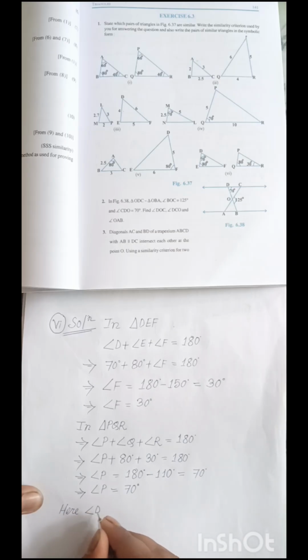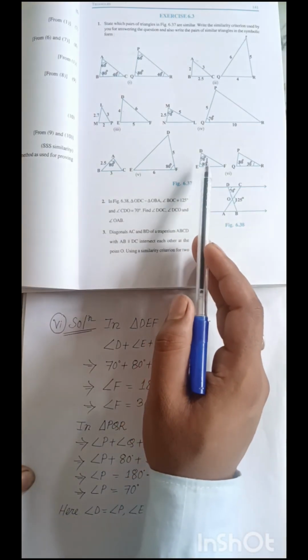Now I can write from these two figures, angle D equal to angle P, angle E equal to angle Q and angle F equal to angle R. Angle P is 70 and angle D is also given 70 degrees.